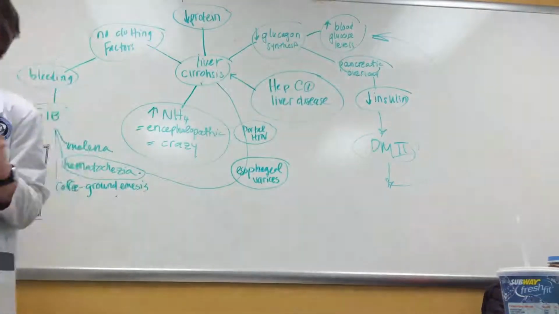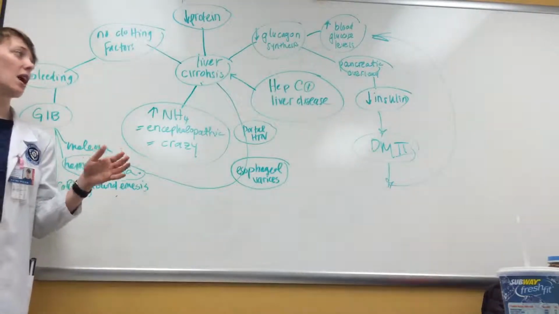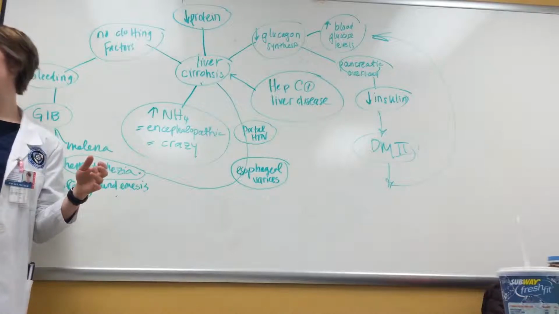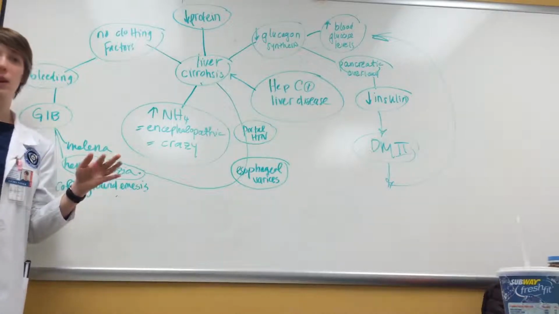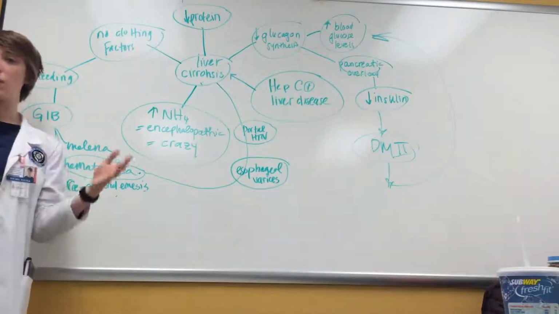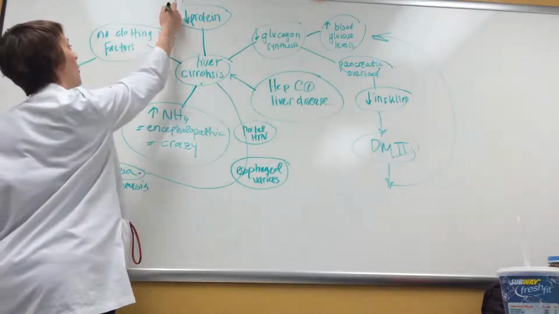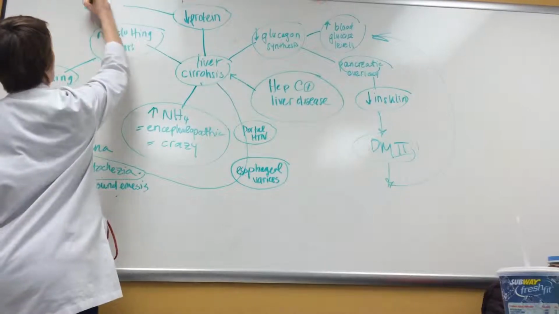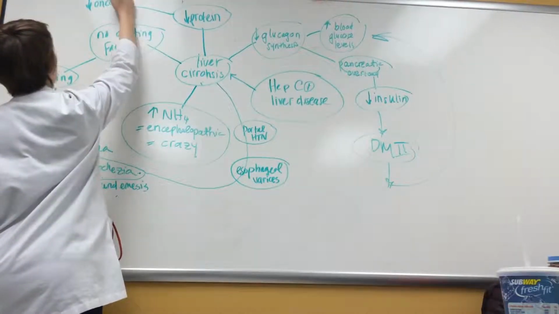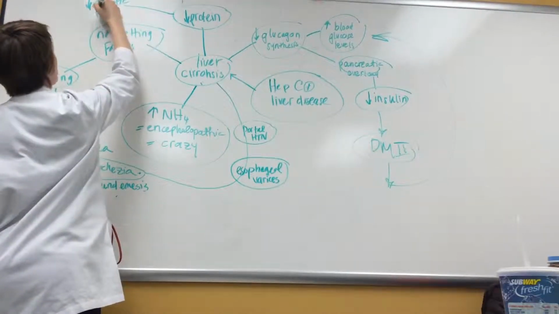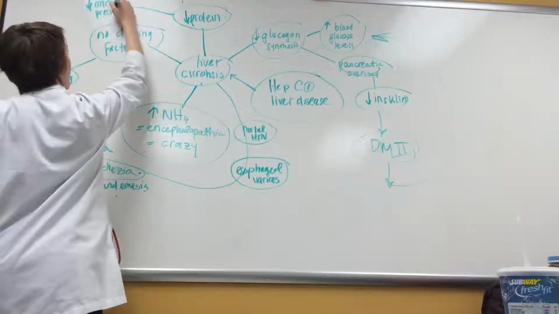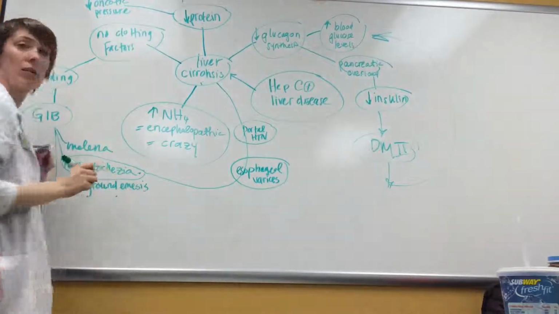Not only are you not being able to build all of the awesome things that you need to make protein with, but low protein in your blood leads to low oncotic pressure. Does anybody remember what that means? The pulling pressure in your blood.